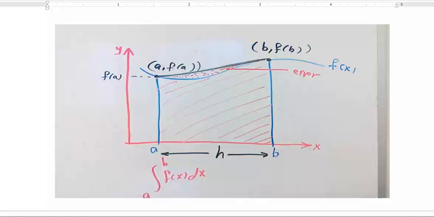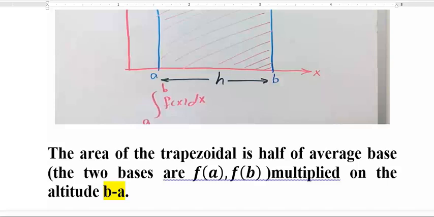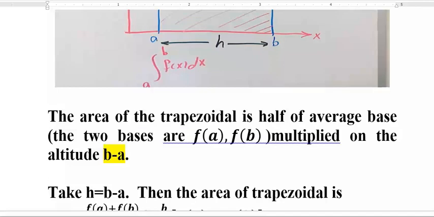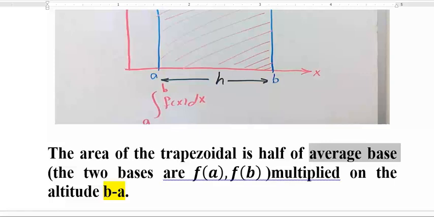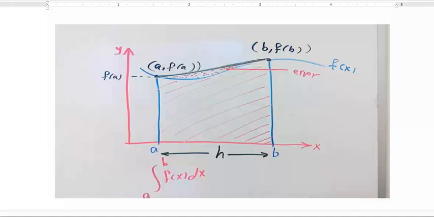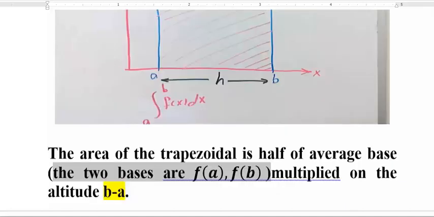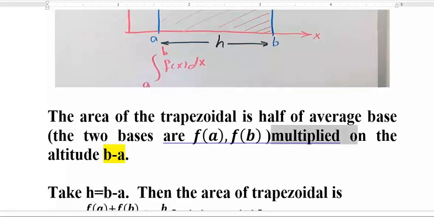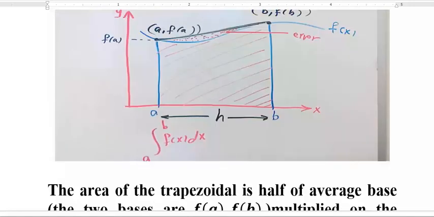So we evaluate this area, which is the average of the bases, f of A and f of B, times the altitude B minus A, which we name H.